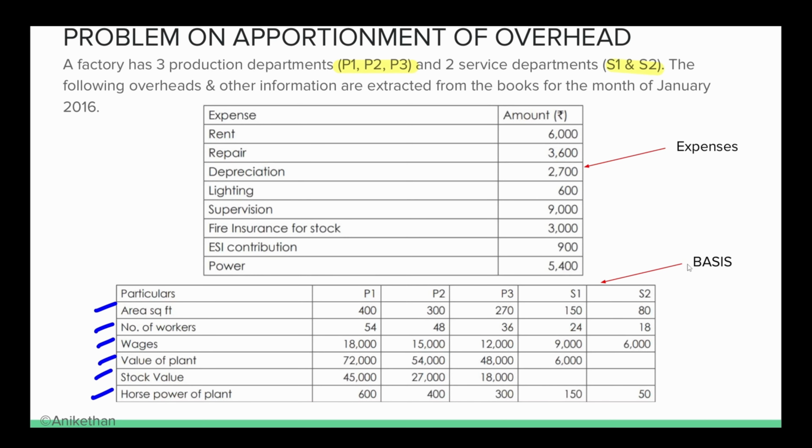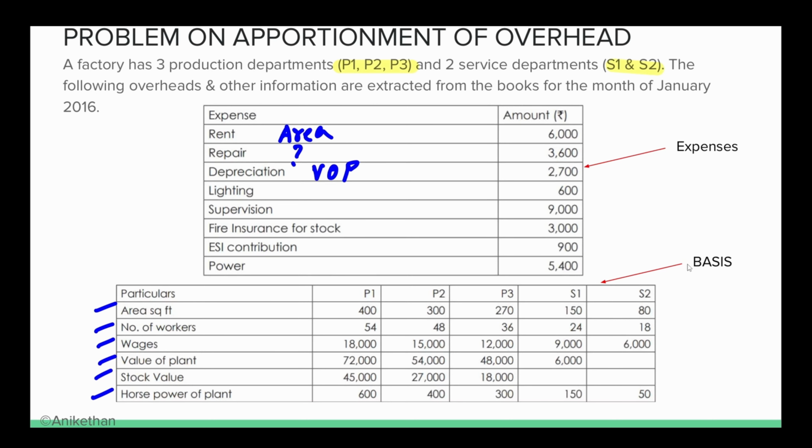So there are 2 types of problems. One is a simple problem and one is a complex problem. Overhead is a simple problem, but it takes time to solve. I will just give a heads up about the basis. So rent will be area. Repair, what is repair? You tell me. Depreciation, it can be value of plant.